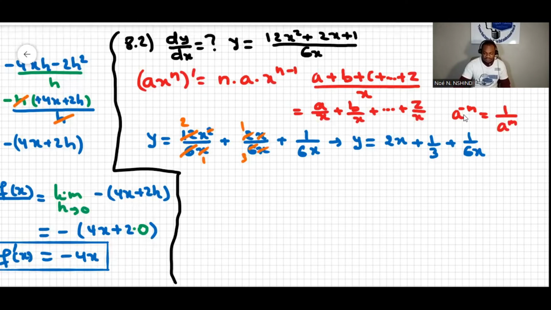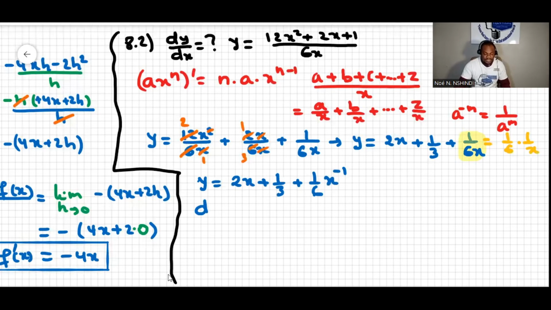This part there is 1 over 6 times 1 over x. Only this part, so I'm going to use the law of exponent for the 1 over x here. Then y will become 2x plus a third plus 1 over 6 times x to the negative 1. Now we can differentiate the function.